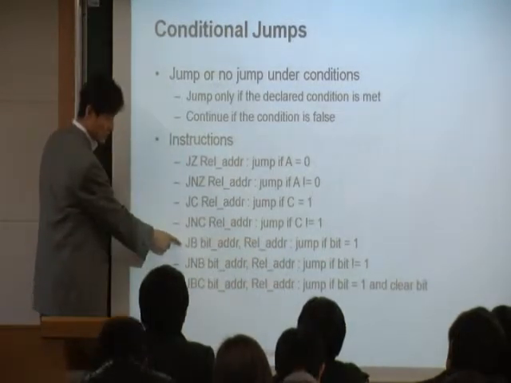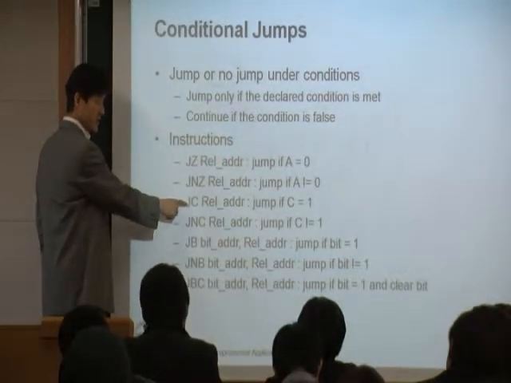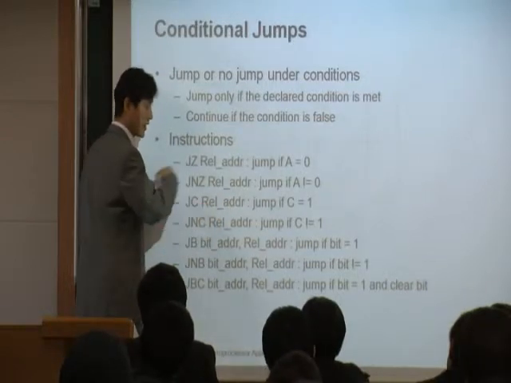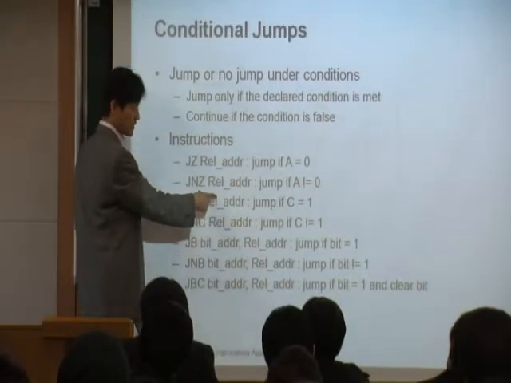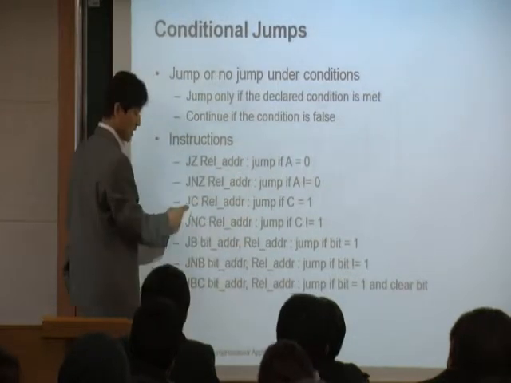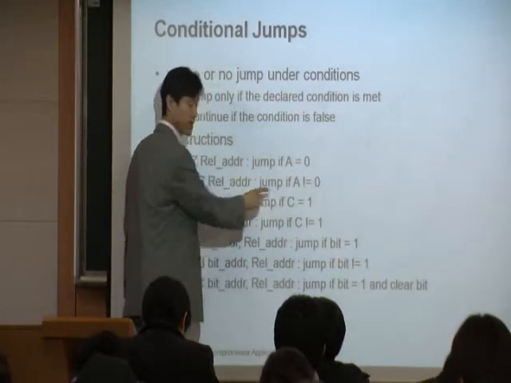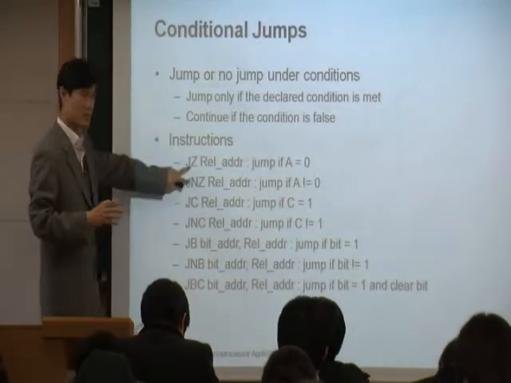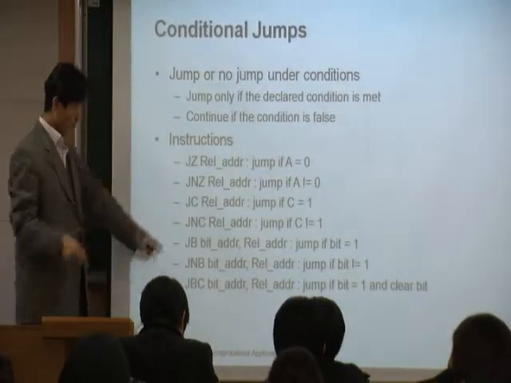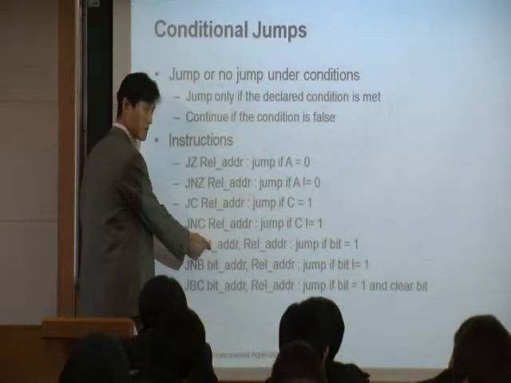So in this case, look at this one. JZ, JC. In this case, you need only one operand. So this operand tells you where to jump. And in this case, we are basically looking at the accumulator, and also we are looking at carry. So we know where the accumulator and carry are. So it's a simple instruction. However, in this case, JB, what we are trying to do is look at this particular bit address.